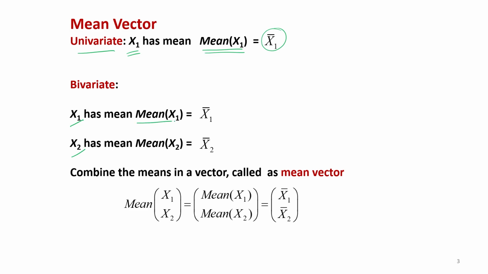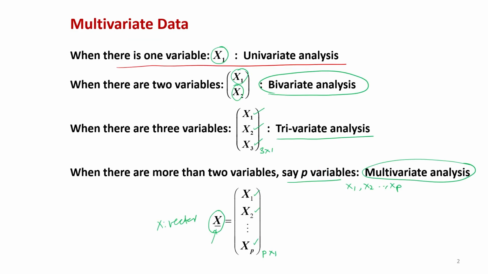The mean of x1 we represent by x1 bar, and the mean of x2 we represent by x bar 2. Now, when we consider bivariate analysis, that means we are interested in a joint variation. It is important to understand that when we are talking about bivariate analysis, trivariate analysis or multivariate analysis, we are interested in having the joint analysis.